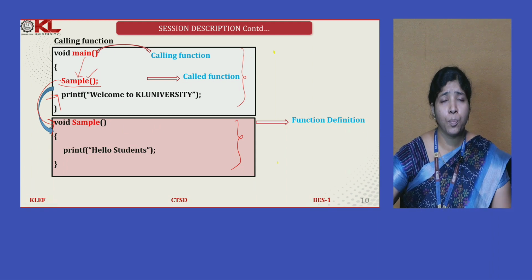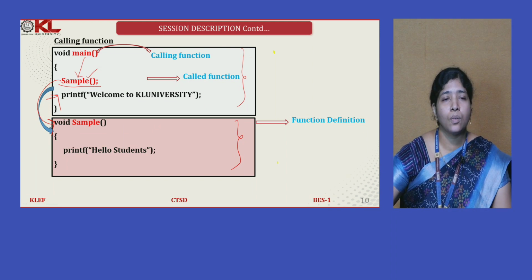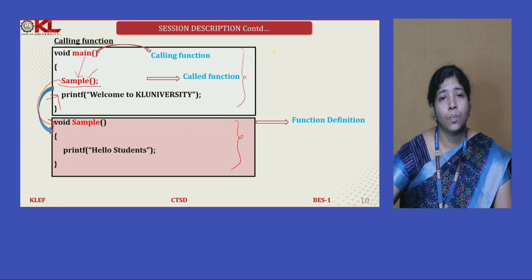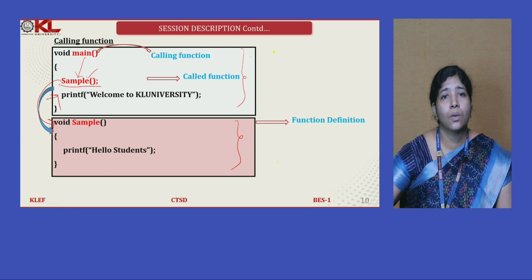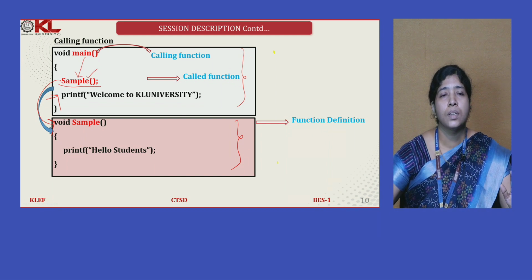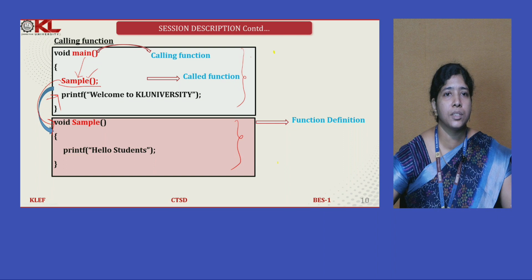Got it? I hope everybody has an outline of how we go with function calling, the called function and the definition. The one who invokes is known as the calling function, the one who is being called is known as the called function, and what we are doing in that particular user function is known as your function definition.